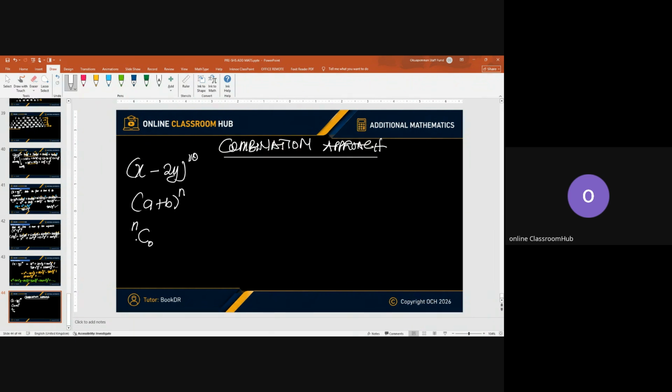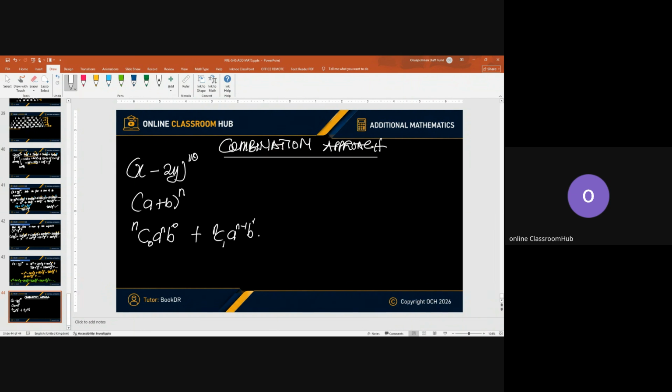But here, because we are allowed to use calculators, we only point the values on the calculator and obtain the values. So the coefficients are, the first coefficient will be n combination 0, a raised to the power n, then b will start from 0, then plus n combination 1, a raised to the power n minus 1, it will be reducing, while the b will be increasing.